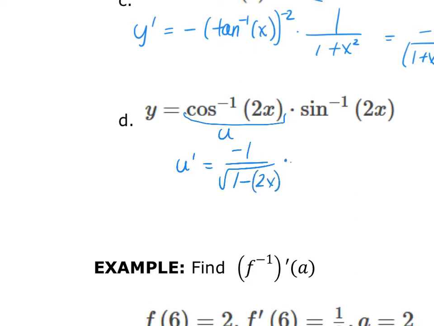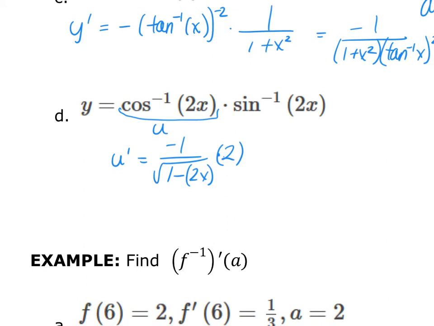What's the derivative of 2x? Just 2. And then this is v, so v prime is going to be, the derivative of sine inverse, positive 1 over the square root of 1 minus my angle squared times the derivative of my angle. What's the derivative again? 2.